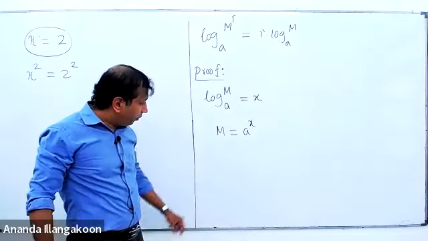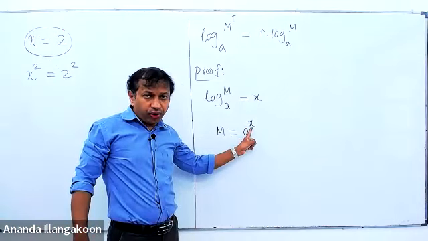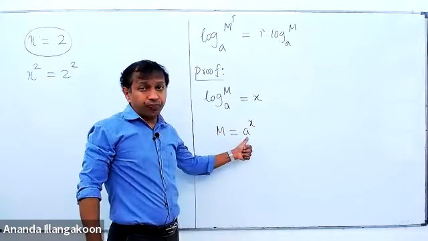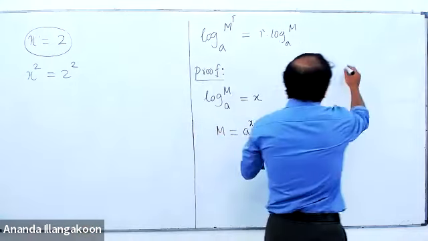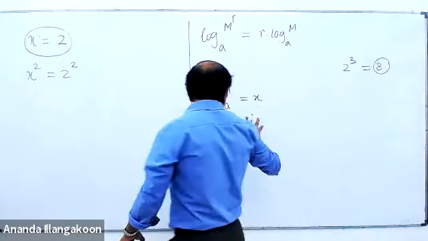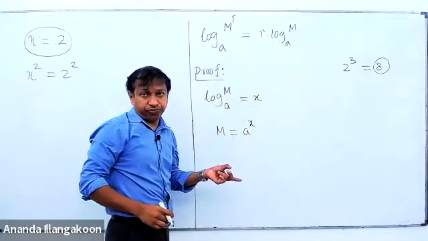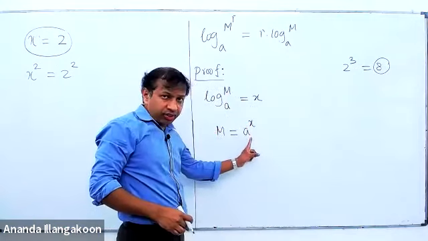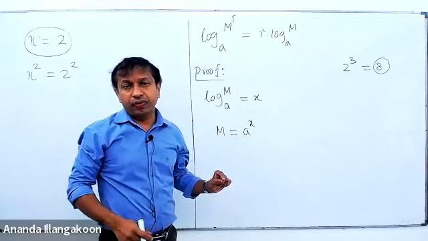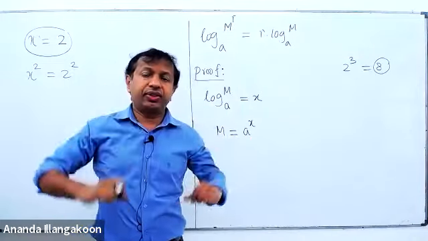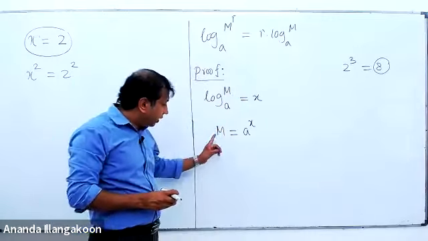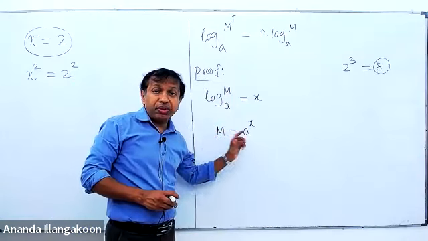Like that here, a to the power x finally gives us a certain single answer. Suppose a is 2, x is 3, then this is nothing but 2 to the power 3, which gives us 8. Therefore, this is a single number, even though it appears as a power. So when two numbers are equal, any power on the left and right again becomes equal.